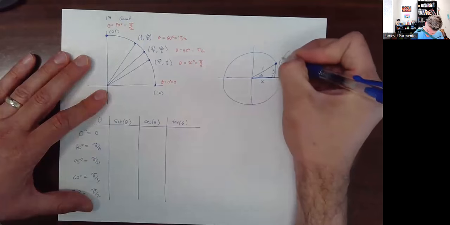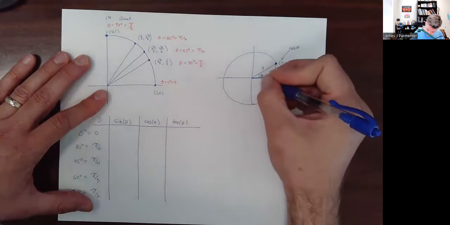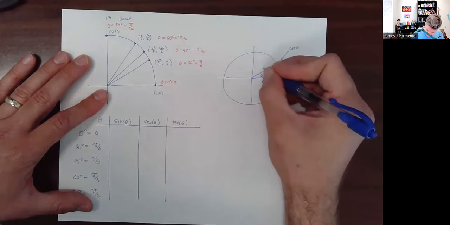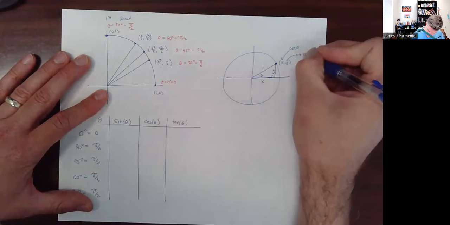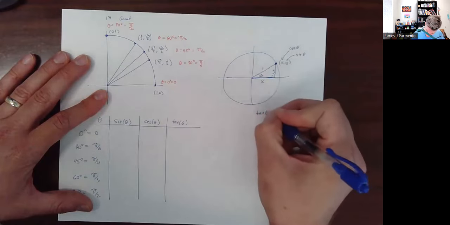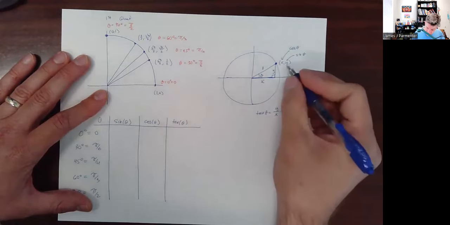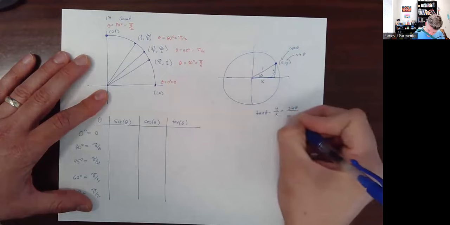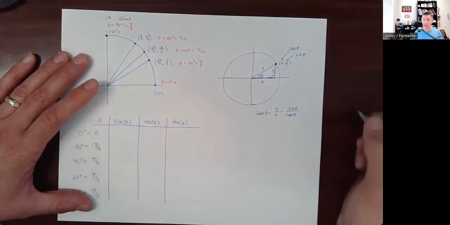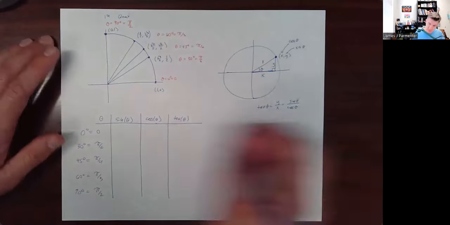So that x coordinate really is cosine of the angle. Sine of theta is opposite over hypotenuse, which is just the y coordinate. Y divided by 1 is just y. And then tangent of theta, which is opposite over adjacent, well, y is equal to sine of theta and x is equal to cosine theta. So you can find tangent of theta by just dividing the sine value by the cosine value, which is what we're going to do here.